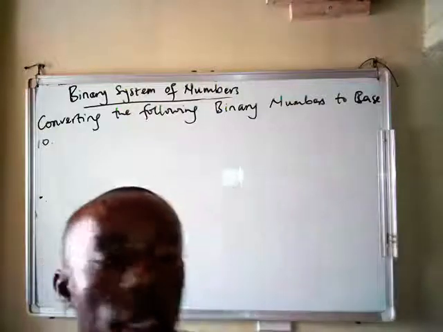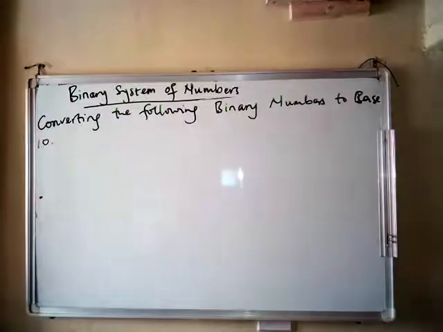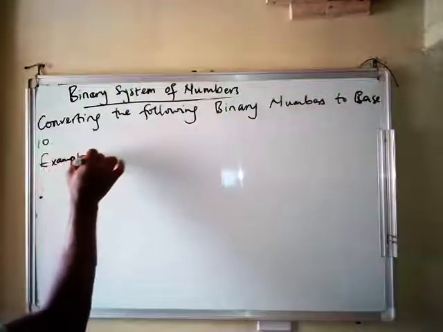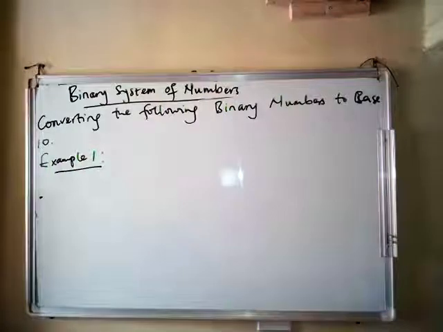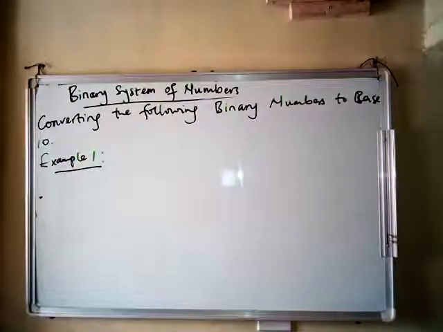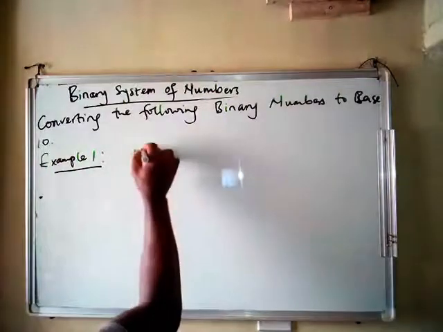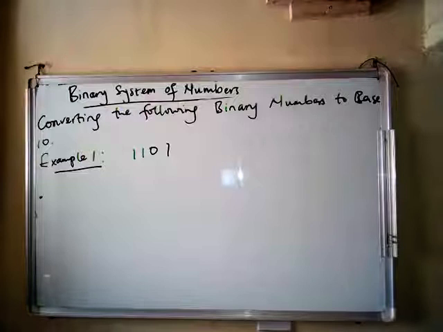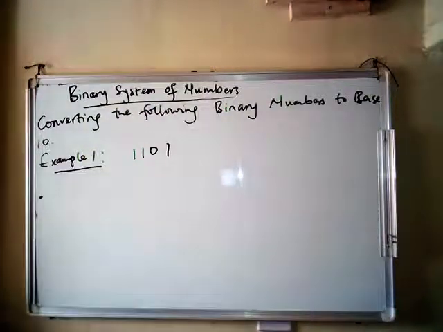So powers of 2 alone, right? Just like if this was base 10, you would have had what? 1, 10, 100, 1000, 10,000, 100,000, 1 million, tens of millions, and all that.